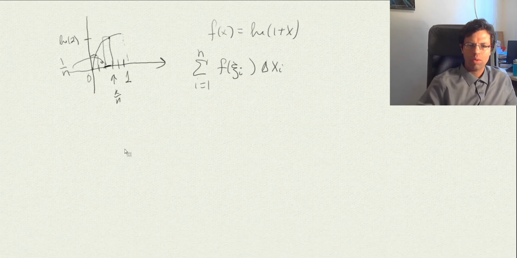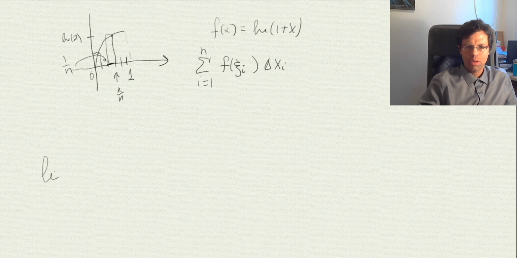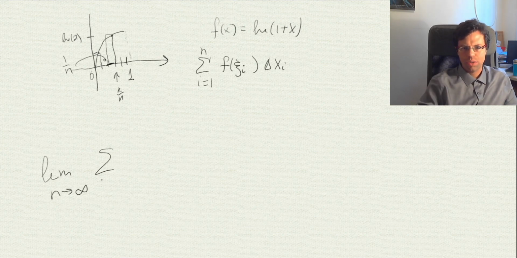So now our original limit is the limit as n goes to infinity of the summation, where the k's go from 1 to n, of the natural logarithm of 1 plus k over n, and all of these times 1 over n.